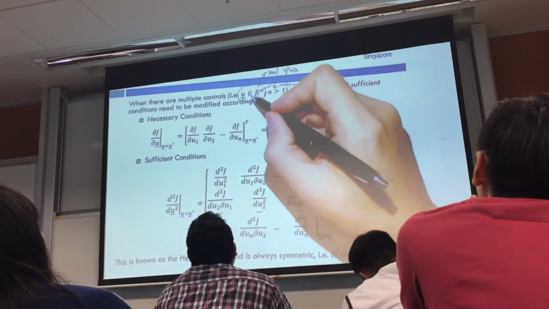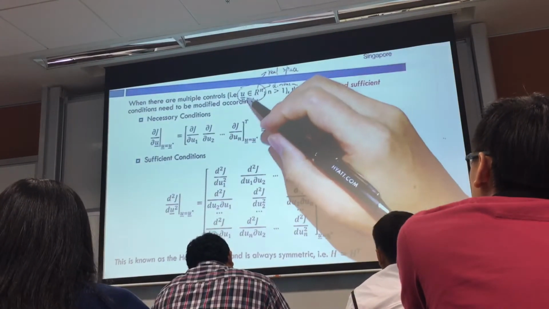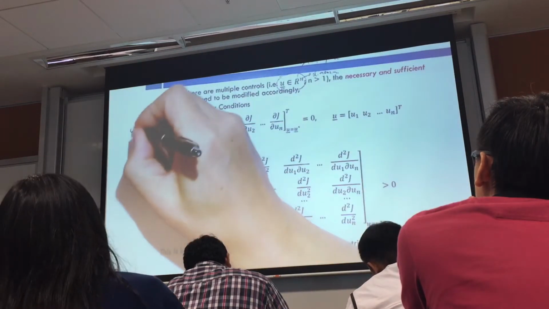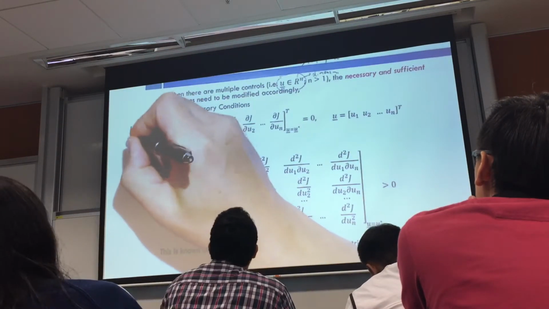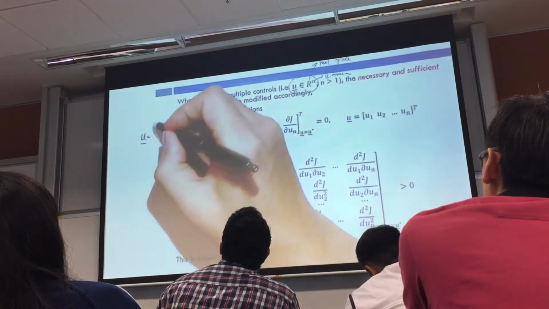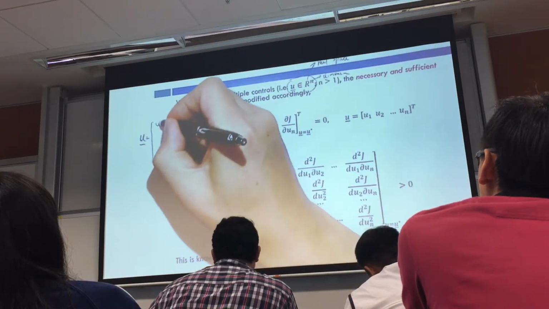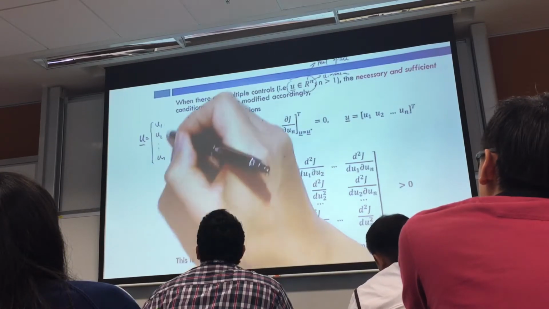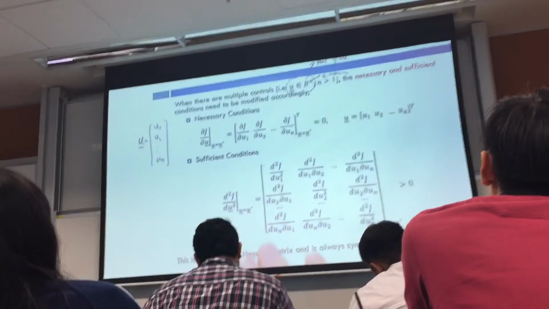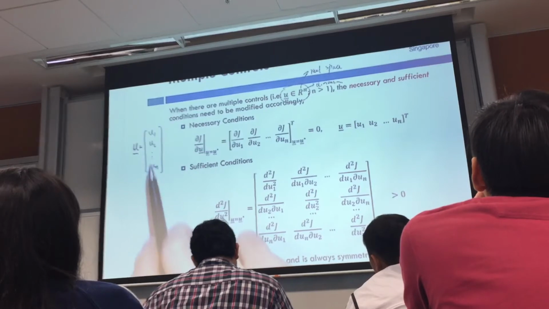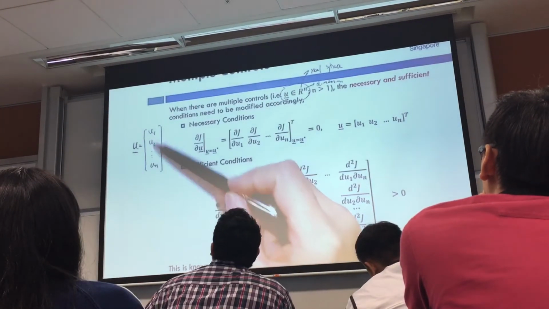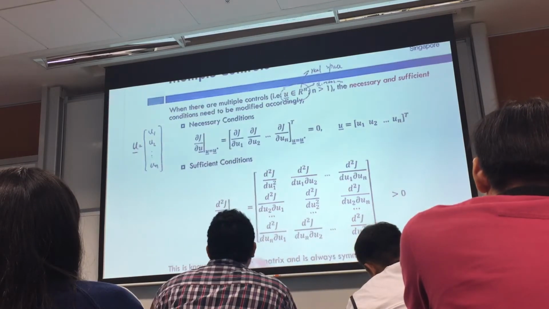We define this U to be a column vector, something like this: u1, u2, up to un. So you have these n control inputs, and you can use these n inputs to control your vehicle.